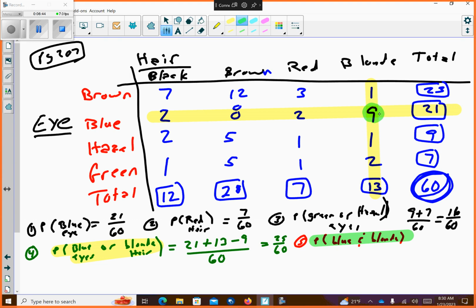It's only that 9. So it's the intersection of the two events. So I have a 9 out of 60 chance of drawing that person out. Does this make sense so far? Again, this is where the table is going to make sense. If you had highlighters, it's going to help you out.